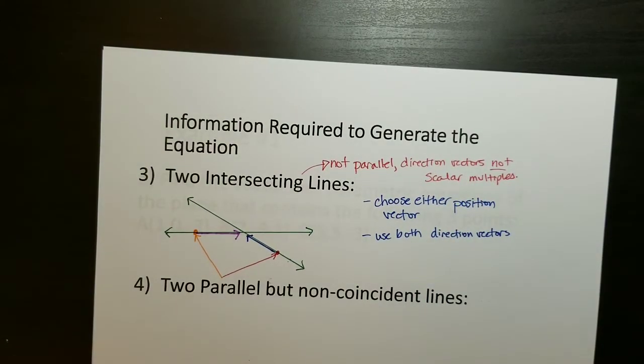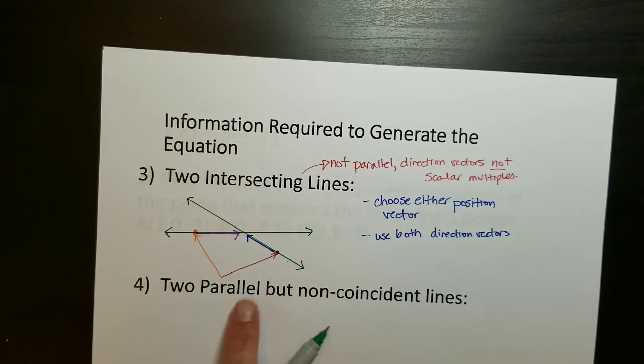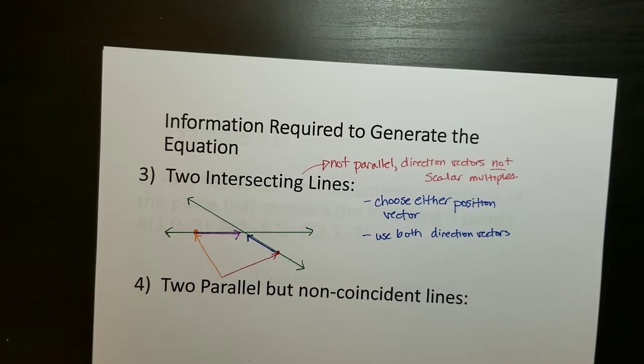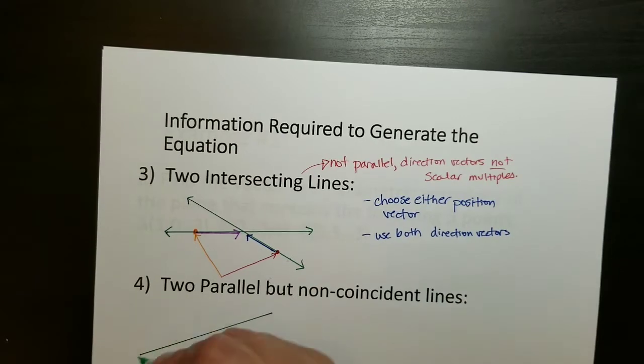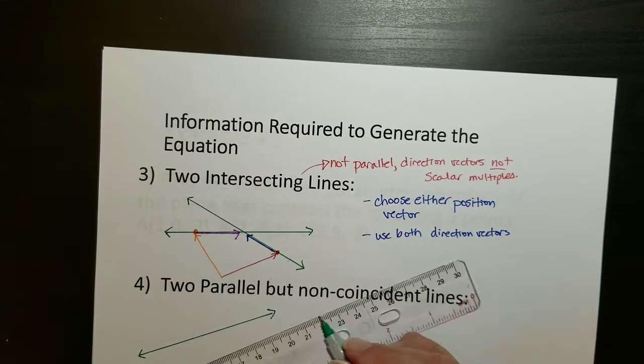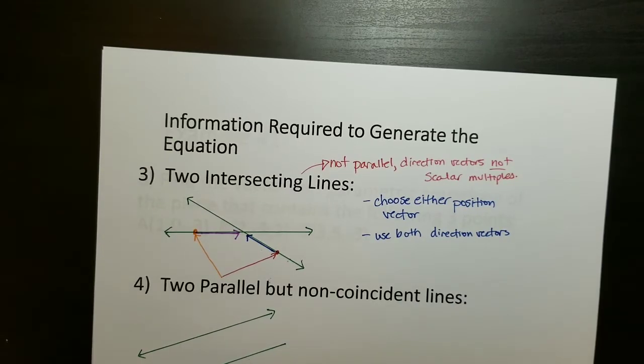The last case is a little bit more work, and it can look kind of similar to that one, but here they are parallel, so the direction vectors would be scalar multiples. But two parallel lines can create a plane for sure. If you held up two rulers or two pens, or any two straight objects, that would create something where you could support a flat two-dimensional surface on it.